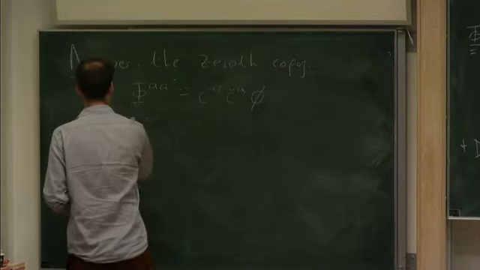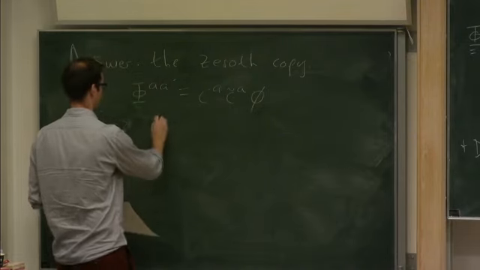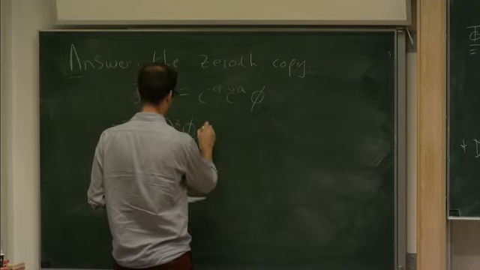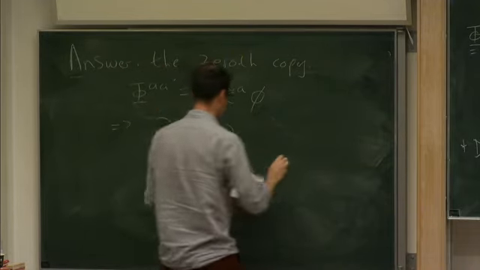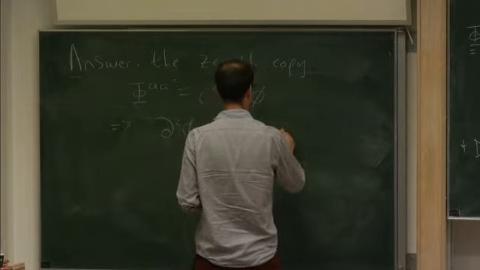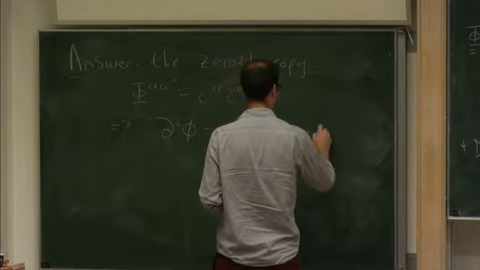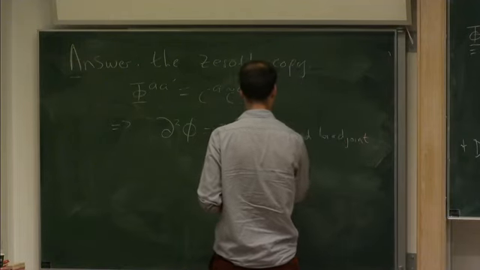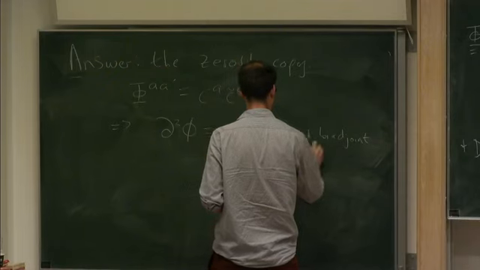And I can then ask, what is that the solution of? And in fact, you can show from this, if it's a well-behaved phi, that it satisfies d2 phi is 0. So in other words, this is the linearized biadjoint scalar field equation.